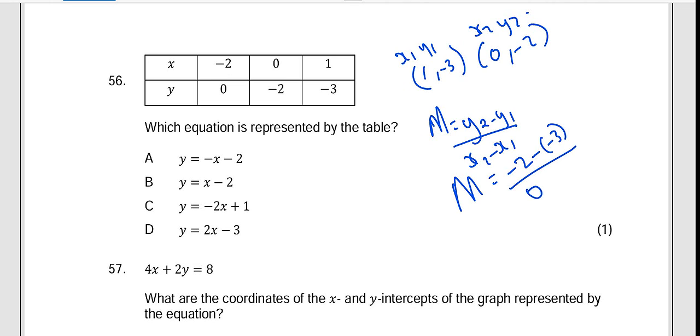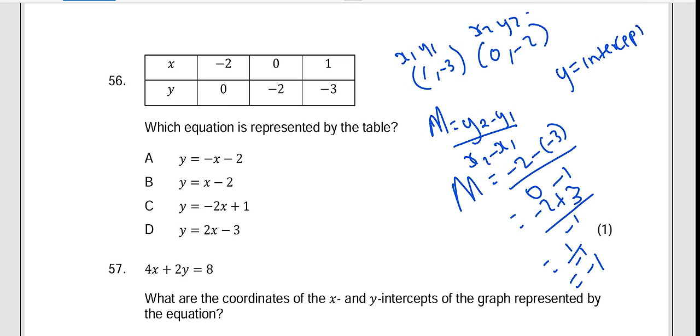And then x2 is 0, x1 is 1, so -2 plus 3 is 1 over -1, and then m is going to be -1. My y-intercept c is -2. Therefore, y is going to be minus x minus 2.